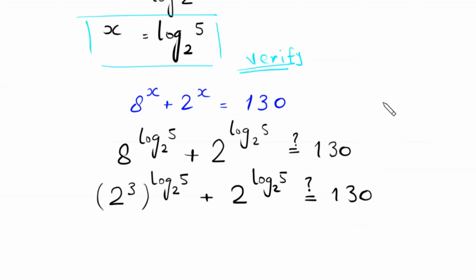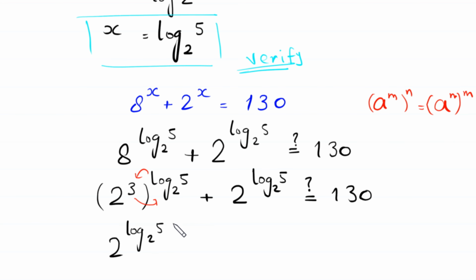Now by using this property, a to the power m whole to the power n is equal to a to the power n whole to the power m, we can write this power 3 outside the brackets and this power log base 2 of 5 inside the brackets. So this will become 2 to the power log base 2 of 5 whole to the power 3 plus 2 to the power log base 2 of 5.